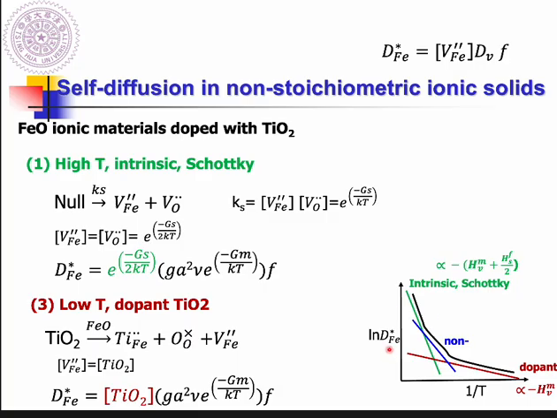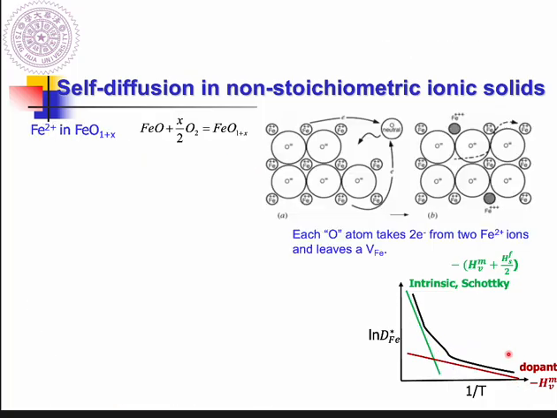When you measure the diffusivity of iron, plotting the diffusivity of iron versus 1 over T, then you visualize, as temperature closes in, that there are three slopes, and the middle one would be non-stoichiometry dominant. So in order to check this, you need to have a large temperature window. Okay, so that explains what the non-stoichiometry effect is and what this means.